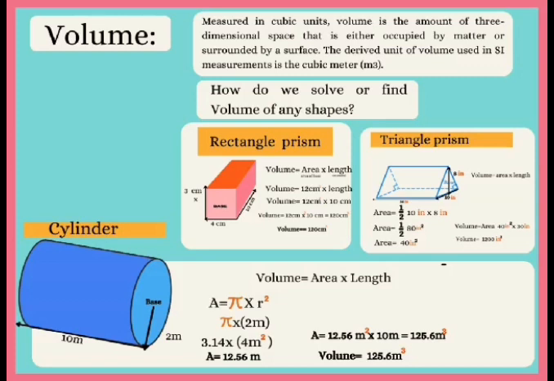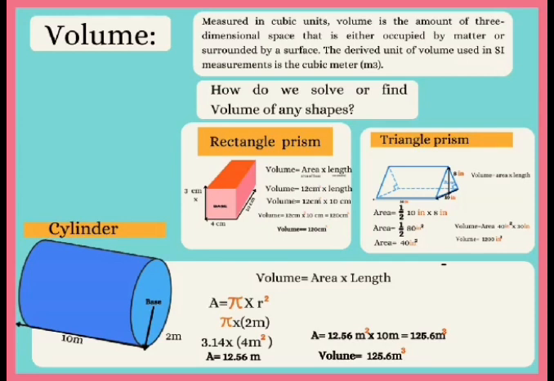And we will times by pi, which is approximately 3.14. So 3.14 times 4 meters squared will become 12.56 meters squared. Sorry, I forgot the squared meter. So here we find the area.